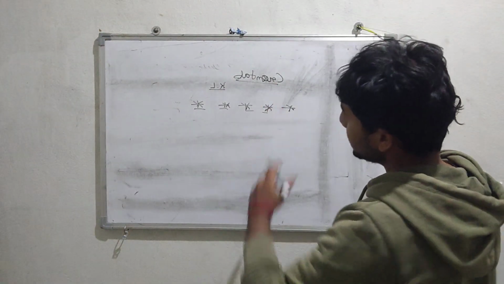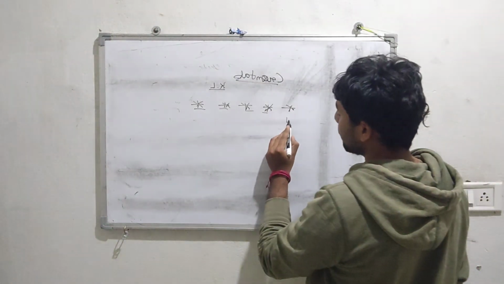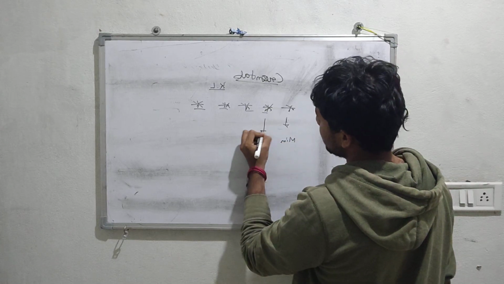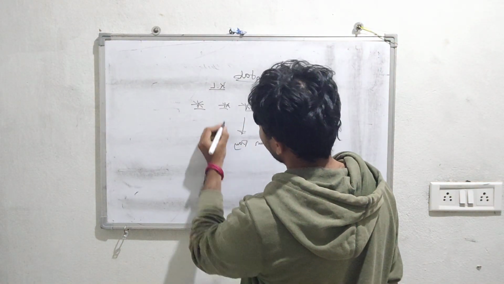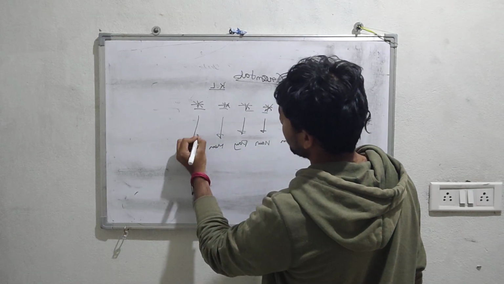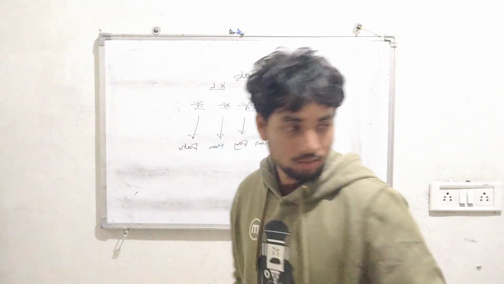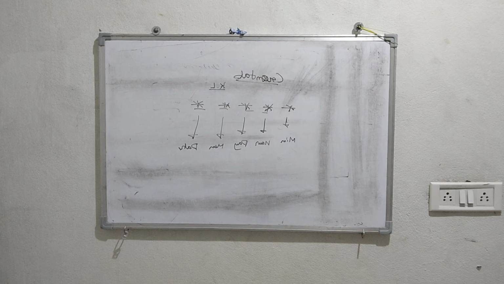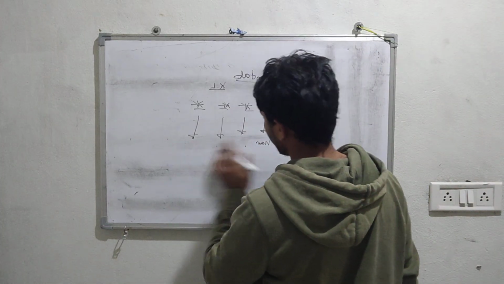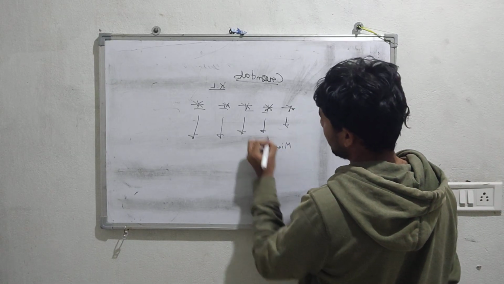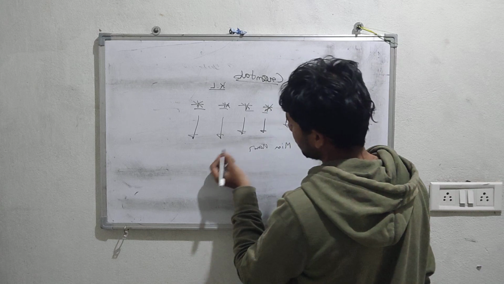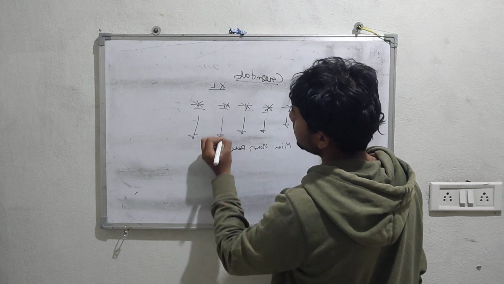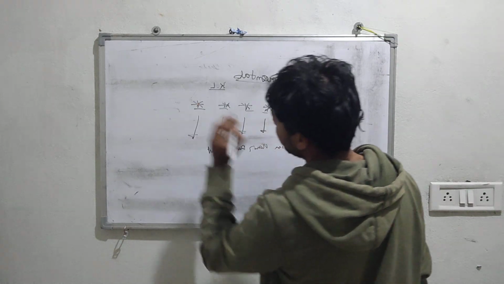And how will we set an alarm in this? Basically, the first star is referred to as minute, the second star is referred to as hour, the third star is referred to as date, the fourth star is referred to as month, and the fifth star is referred to as day.